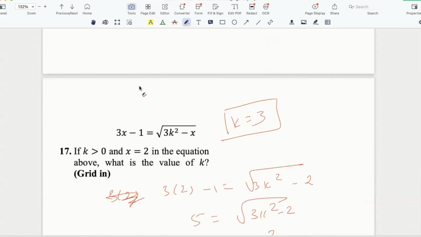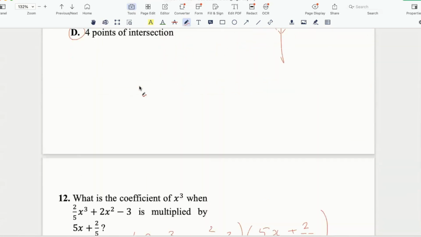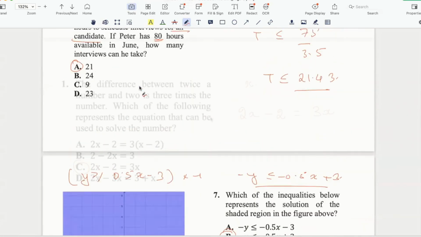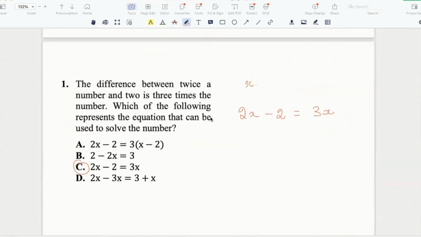Okay, let's grade this. Question 1: CCACD.